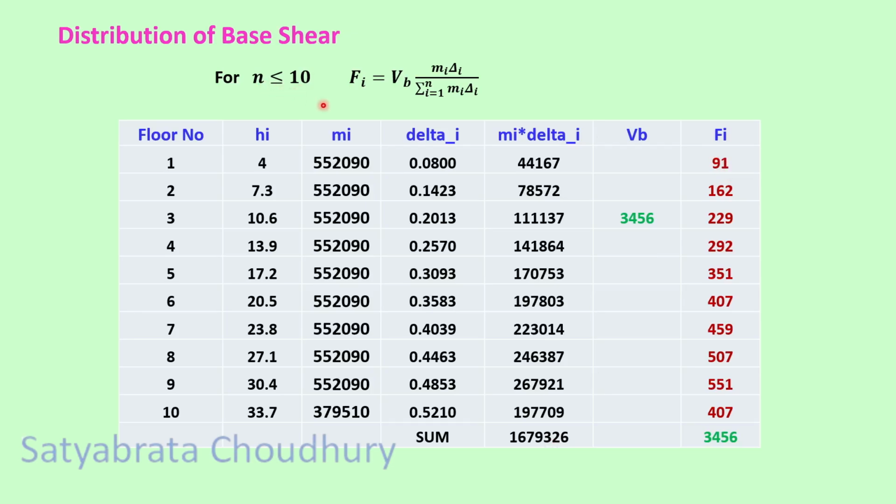For less than or equal to 10 story height of the building, this is the formula: Fi equal to Vb Mi delta i divided by summation Mi delta i. So simply by taking the sum and the Vb and Mi delta i from this column, I calculate these forces Fi, and if I make a summation of the forces, it will show the correctness of this summation. This Vb should be equal to this summation.